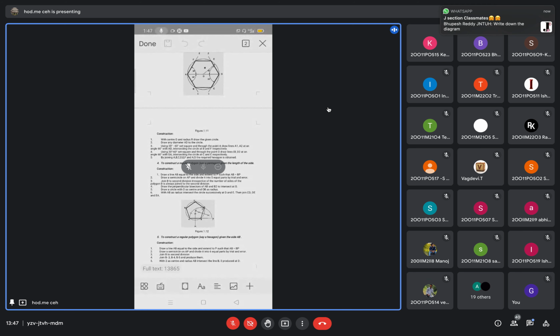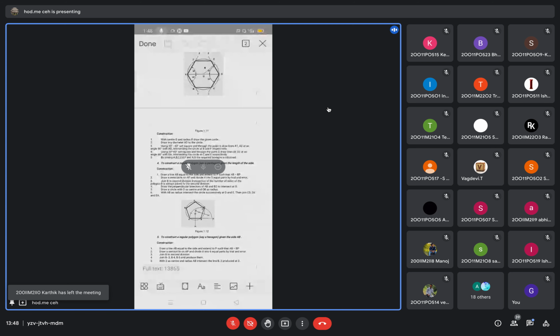Right now, today's discussion: one more problem in the geometric construction in your textbook. There are so many problems. Write down all the problems and practice them in the drawing sheet. This is only a practice class. For any guidance on how to draw the diagrams, all of you practice in class, which is very important.